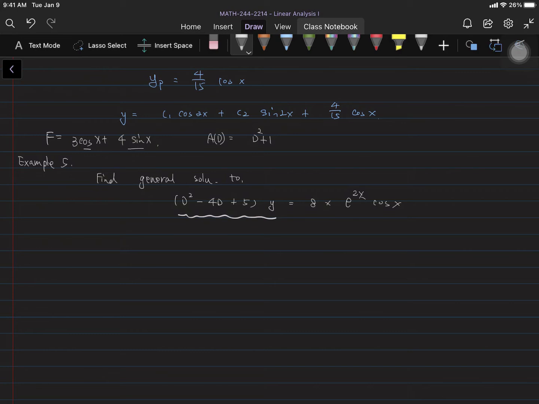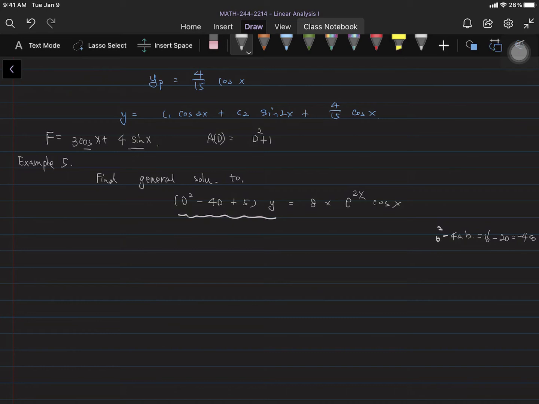Actually, for this one, b squared minus 4ac, which is 16 minus 20, which is negative 4, less than 0. That means this one has no real solution, only has complex solution.